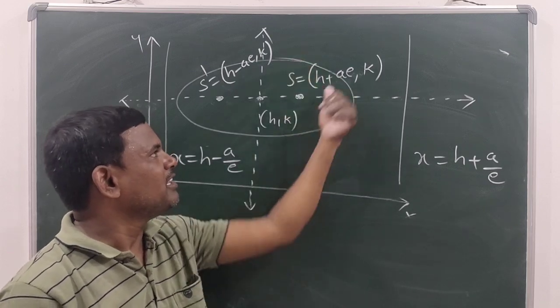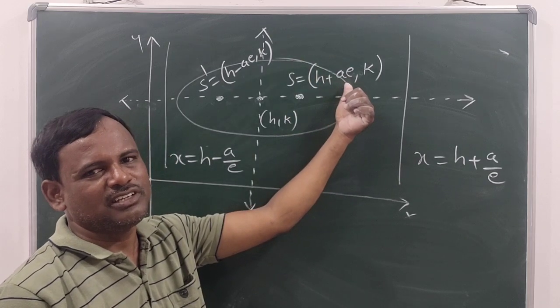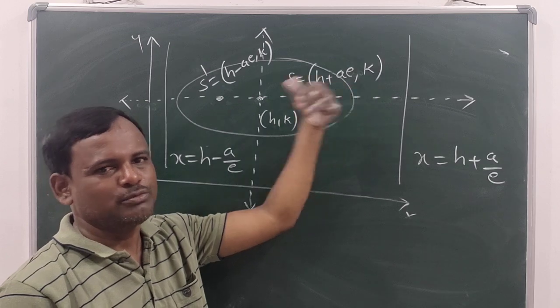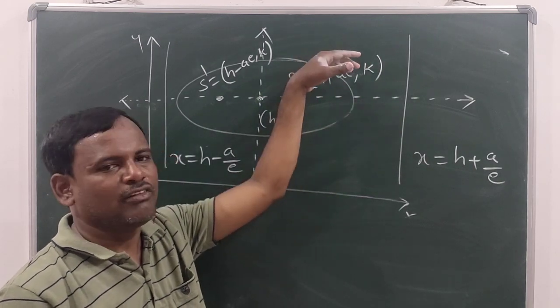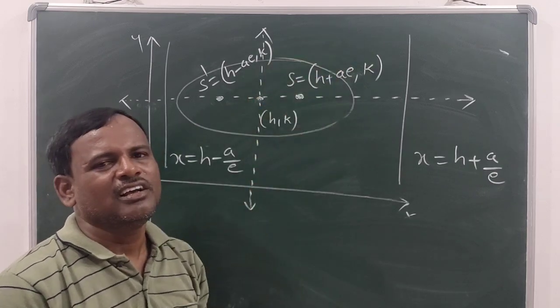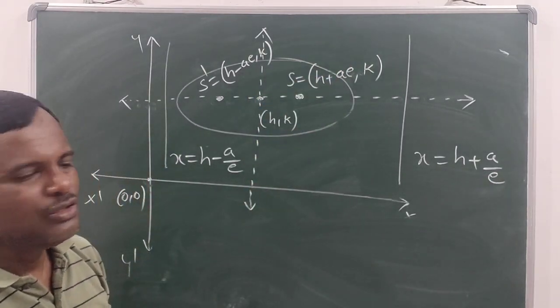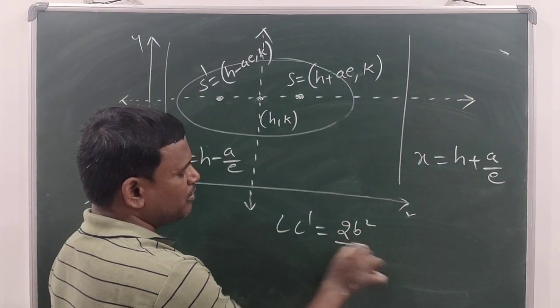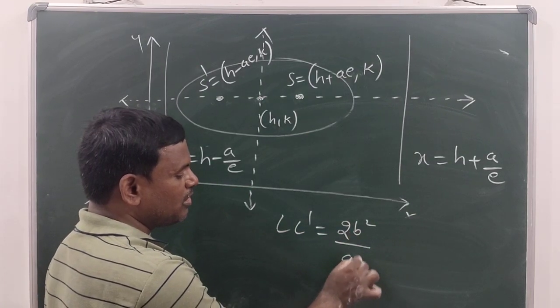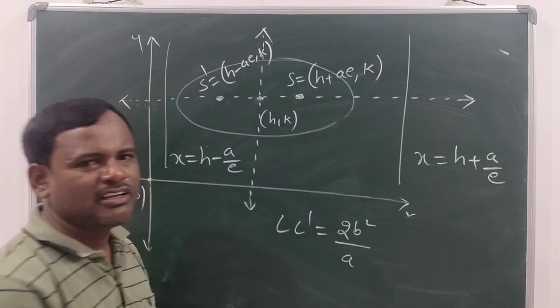Here, on the vertical line, the x coordinate is the same, h plus ae. Substitute this value in the ellipse equation so that you will get the y value. After getting the y values, find the length. So if the major axis is along the x axis, you get 2b square by a.